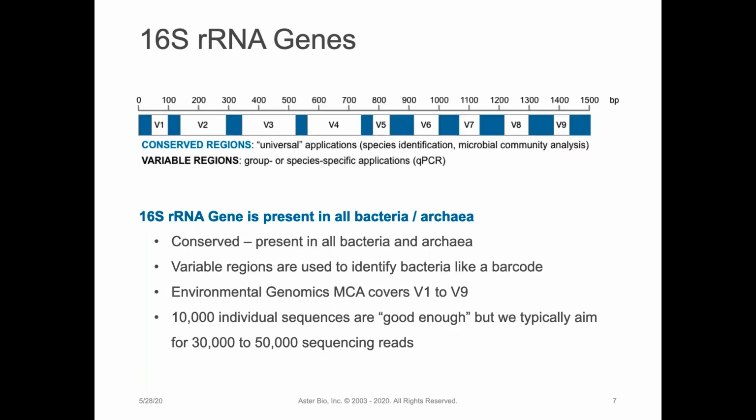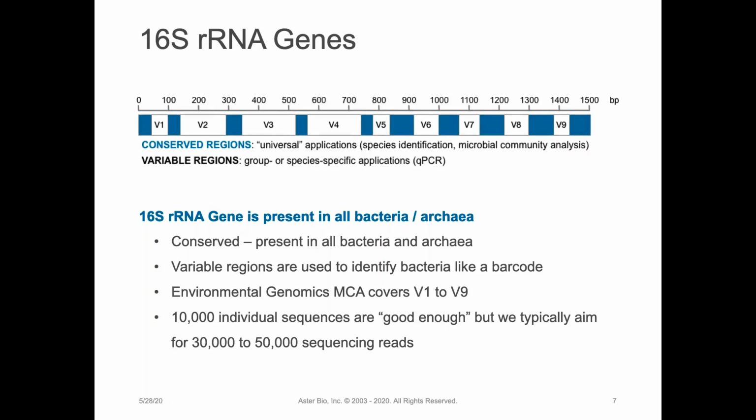It's composed of a series of very strict conserved regions, shown in blue at top, and very, very variable regions, numbered V1 through V9. It is the differences in these variable regions that allow us to tell the difference between bacteria 1 and bacteria 2.